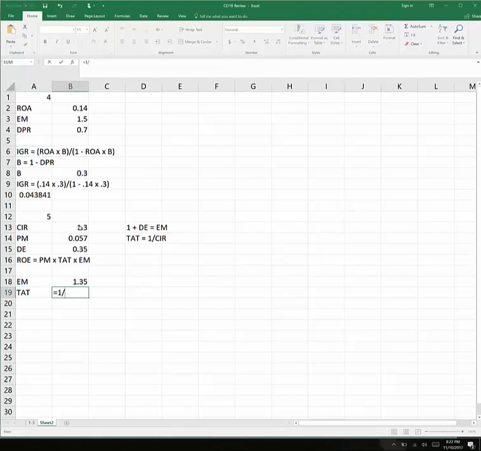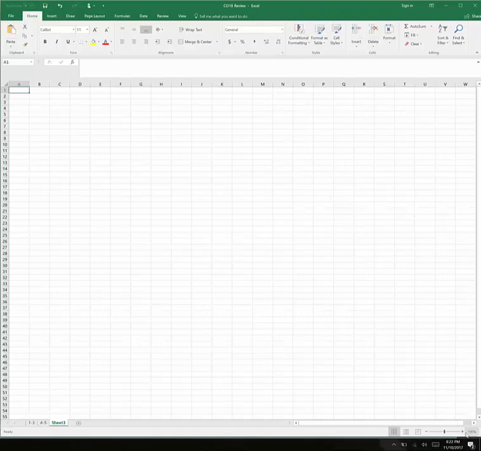So if we take 1 divided by the 1.3, we get about 0.77. So now we have everything for ROE. We're going to take profit margin, multiply that by total asset turnover, multiply that by equity multiplier to get about 5.9%. On to number 6.